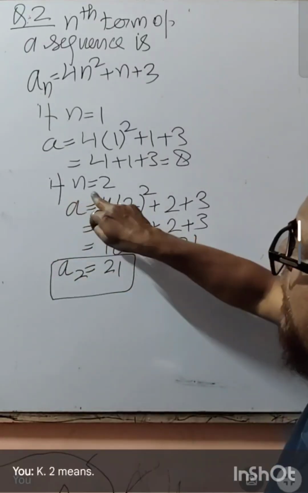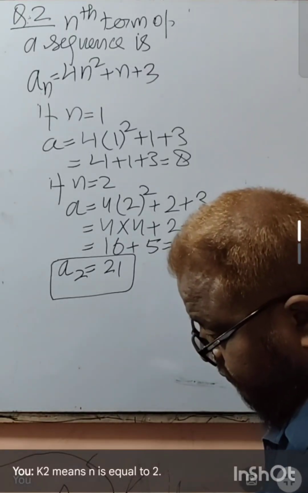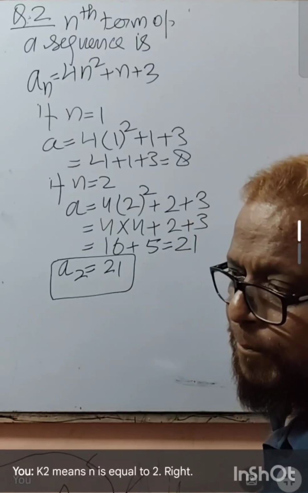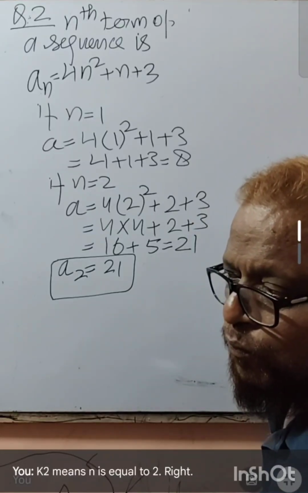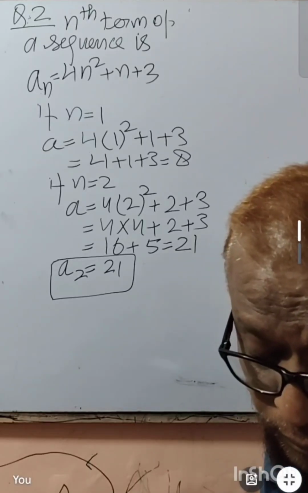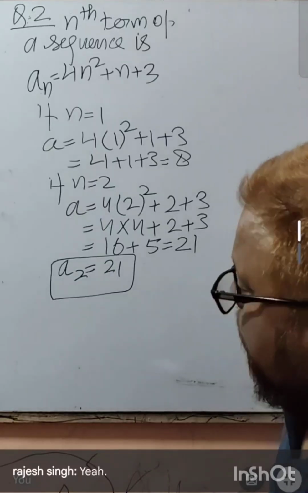A2 means n is equal to 2. Right? Yeah. Is it?